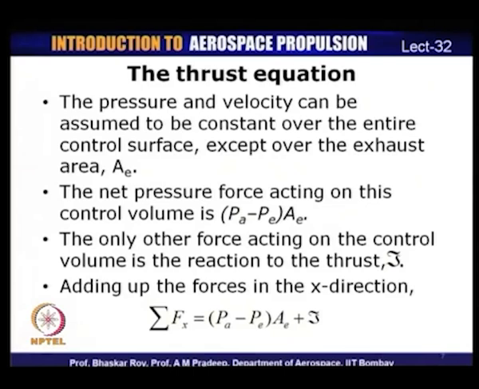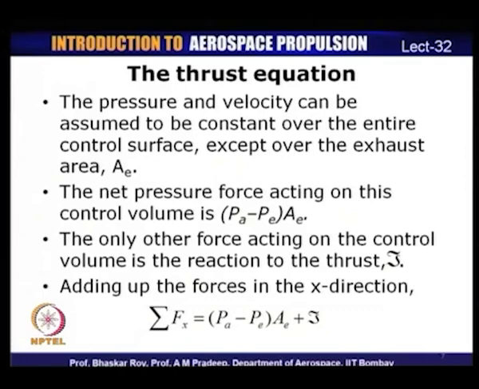And what is the other force that is acting on the control volume? There is only one more force, which is basically the reaction to the thrust, which is indicated by T or tau, let us say. So, if you add up these forces in the x direction, what we get is summation F x is equal to (P A minus P E) into A E, which is the pressure force or pressure thrust, as we shall call it later on, plus the reaction to the thrust, which is tau.